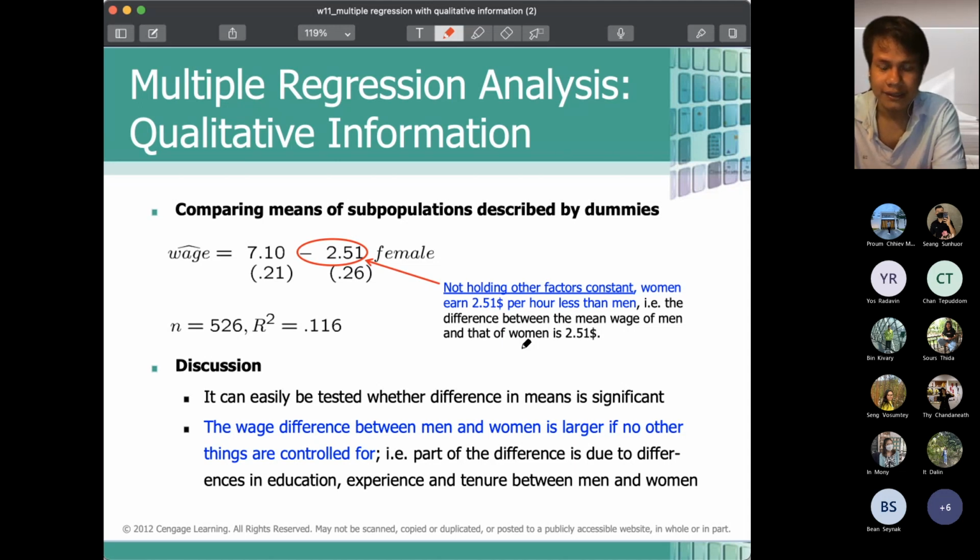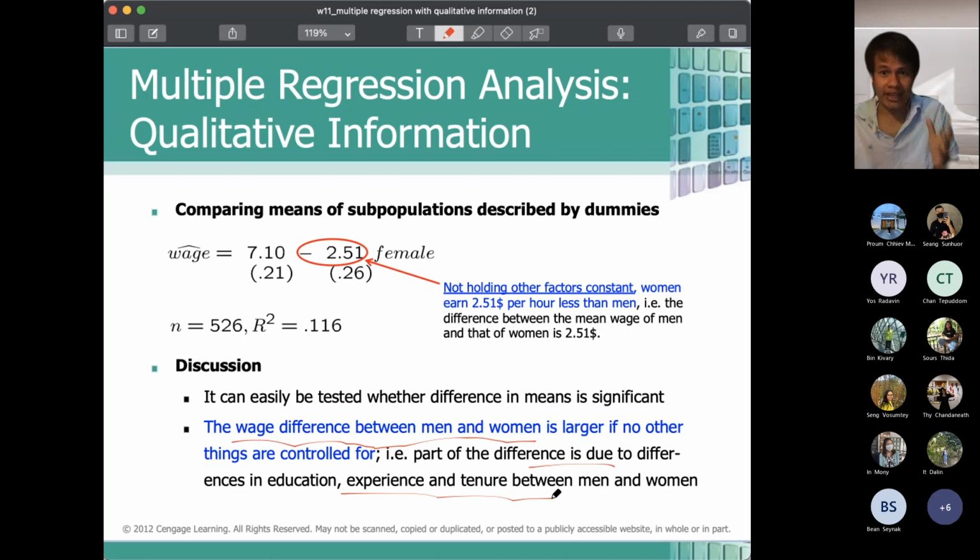So as I highlighted here, the wage difference between men and women is larger if no other things are controlled for. Right? For example, the difference due to education, experience, tenure that has not been controlled for in this simple linear regression equation.